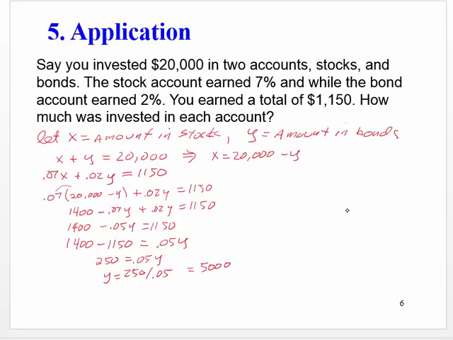So $5,000 was in bonds. So therefore we can use this equation, and we know that x must then be equal to 15,000. So we had 15,000 in stocks and 5,000 in bonds.